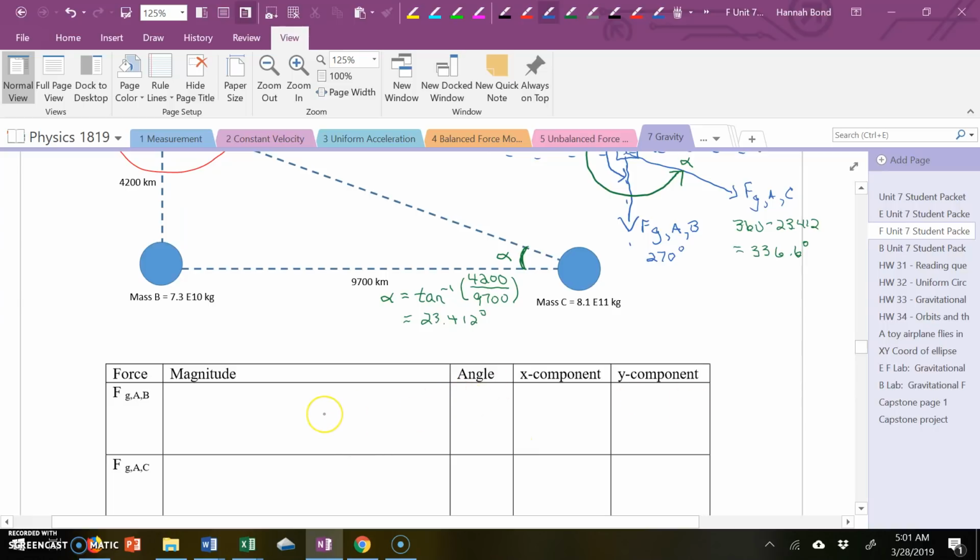So for the first force, which is the force that B exerts on A, my angle is 270 degrees. And for the other one, it's 336.6 degrees. I get the magnitude using the universal law of gravity, which is G, big mass, small mass, over R squared.